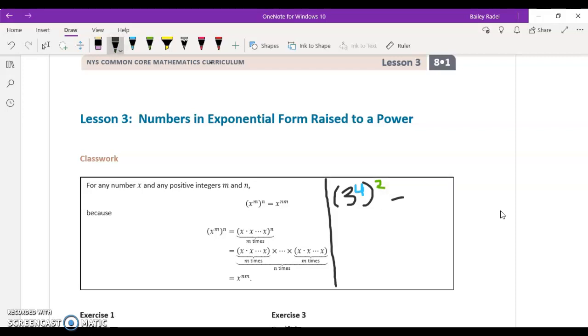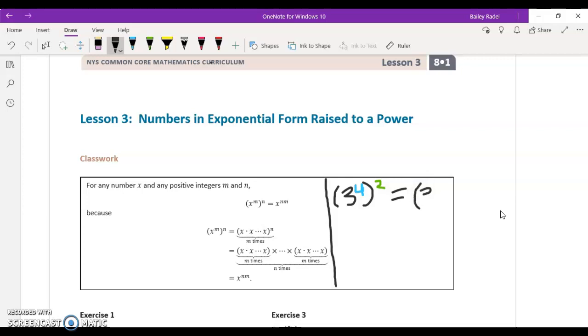So now we know that this exponent of 2 tells us that we are going to be multiplying the base by itself 2 times. So the base in this case is 3 raised to the 4.